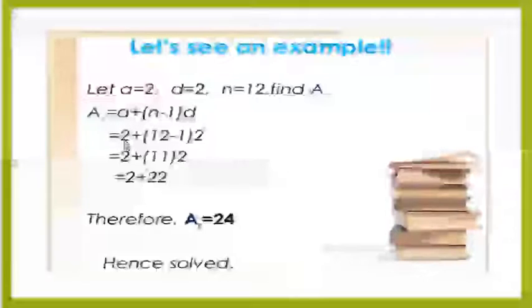Now putting the value of a, the first term given here, 2, plus the value of n, 12, minus 1, into 2, the difference. So 2 plus (12 minus 1) into 2 is equal to 2 plus 11 into 2, which is 2 plus 22. The answer is an is equal to 24. Hence in this way we can solve this example.